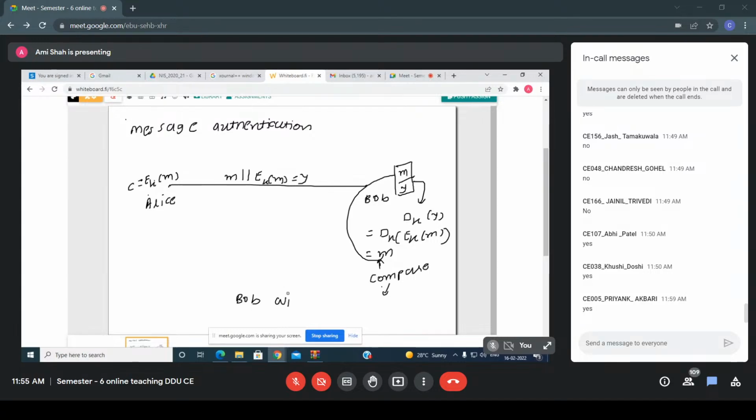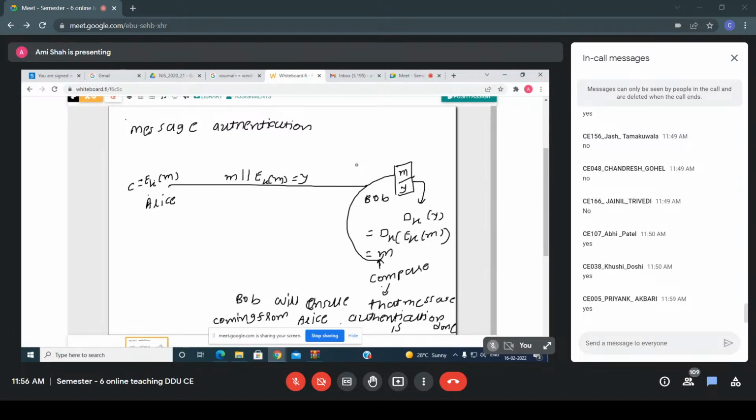Bob will ensure that the message is coming from Alice, so in this scenario the authentication is done. So this is the concept of message authentication. Now I think all of you are clear on this concept, right?